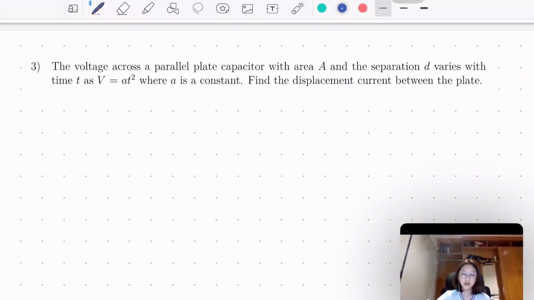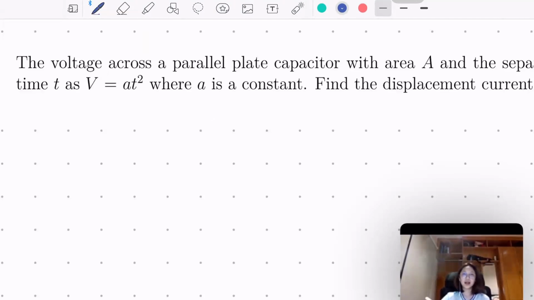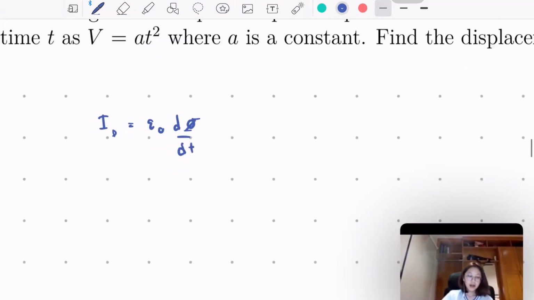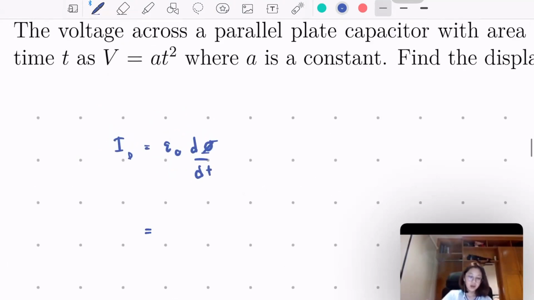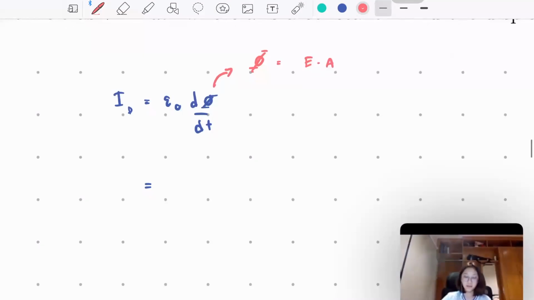Okay, so first of all, we know that the displacement current formula is I_D equals epsilon naught d flux by dt. And then we also know that flux is equal to E multiplied by A. So we insert it inside this equation.